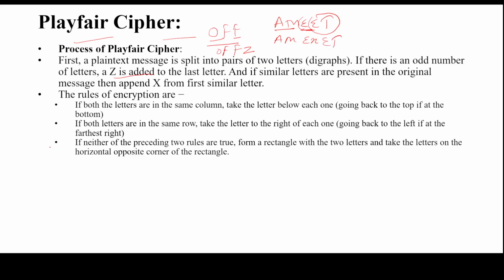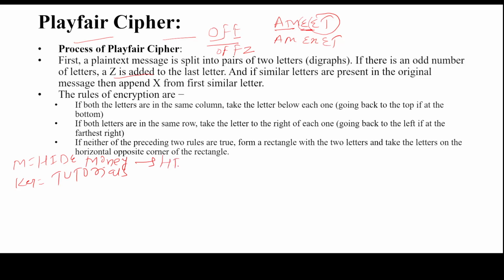Okay, here we will see one important example. For example, my original message is "hide money" and the keyword is "tutorials". First of all, we have to make pairs of the original message.